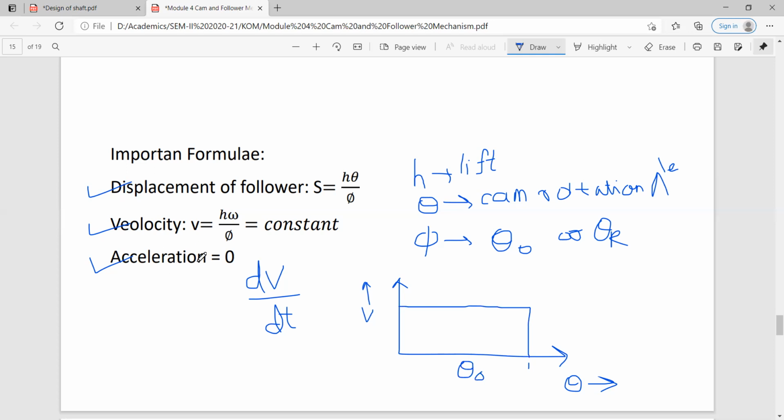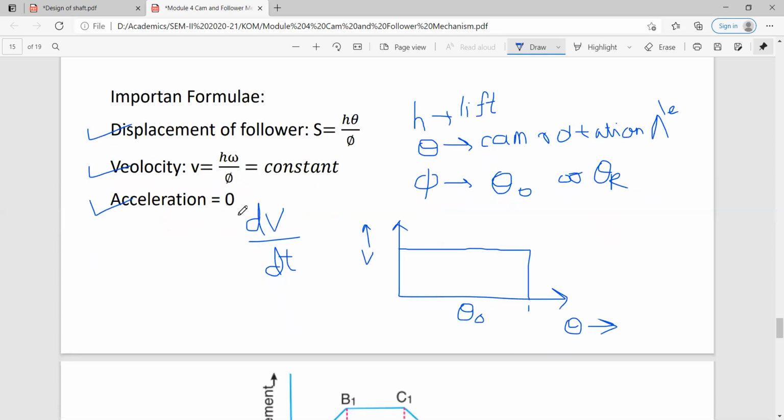What about the acceleration? How will you draw the acceleration? See, it is acceleration versus theta. Here you can see at this particular point, what is happening? Initially when the cam starts, the velocity was zero, because the cam is starting movement.